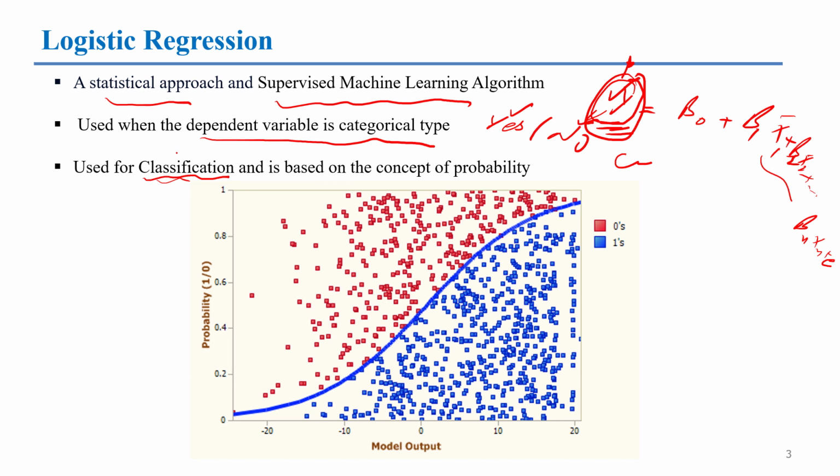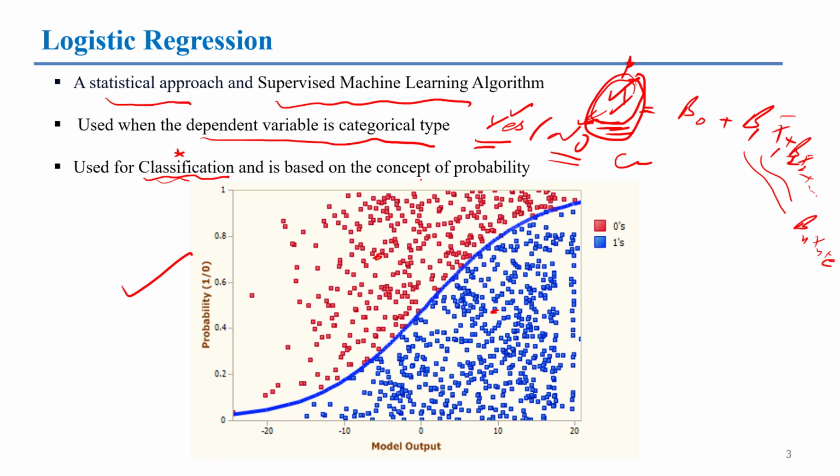So that's why we say it is used to classify whether a data point is going to lie in the yes group or the no group, as you can see from this particular figure. What we are doing is finding the probability, the chance that those data points are going to be part of this part or that part.